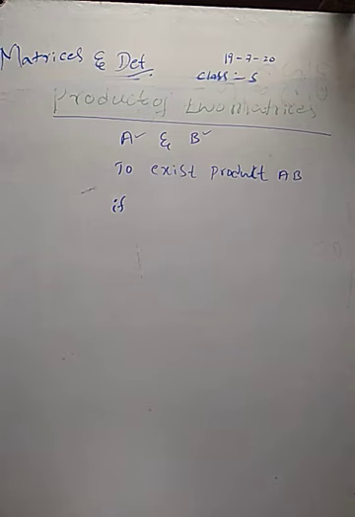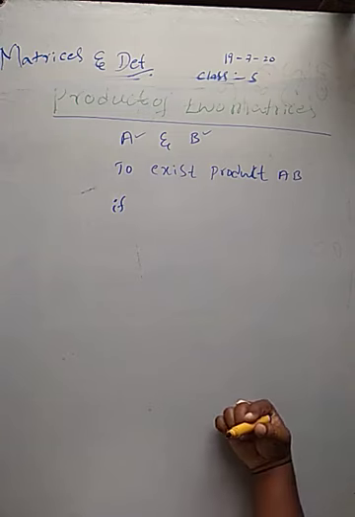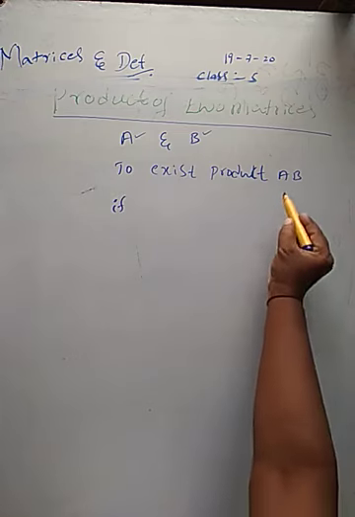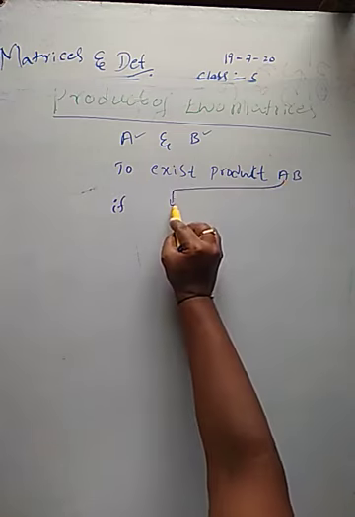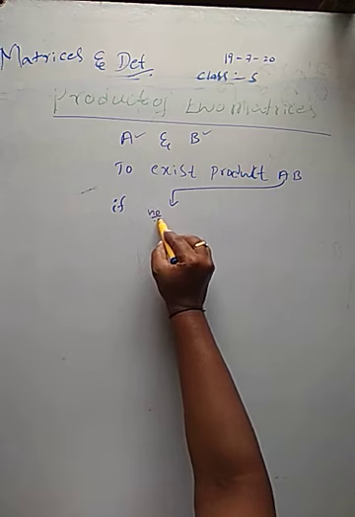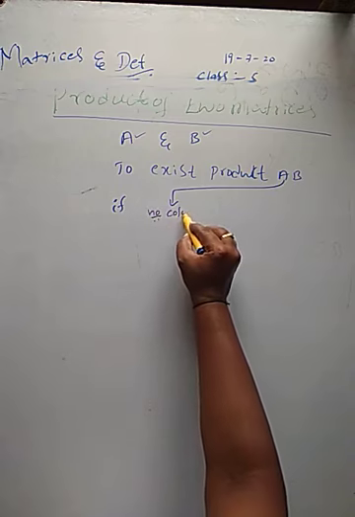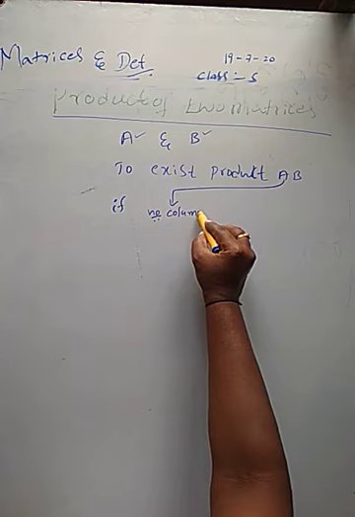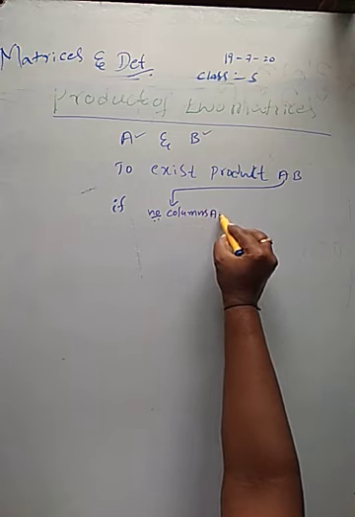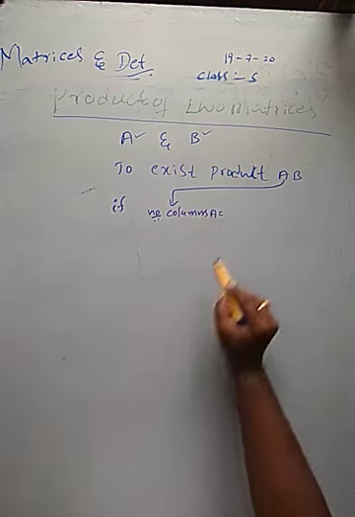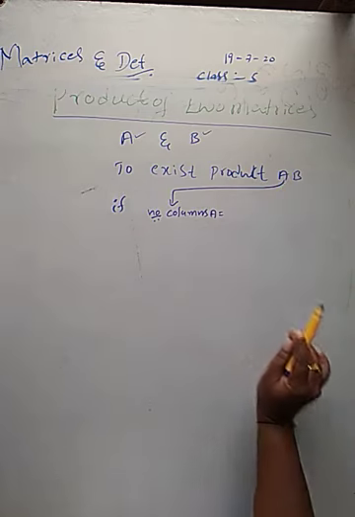How to confirm? That is the first point in the working rule. Please listen carefully. Number of columns in A, please catch this point. Number of columns, not number of rows.